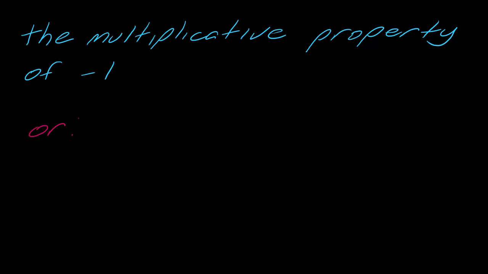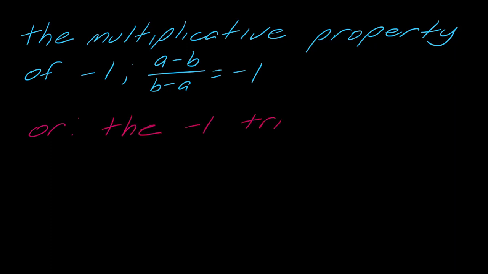I've seen other books just refer to the property itself. I've seen some books try to write this out, and I think that's kind of confusing too. So the personal name that I use for this, which is incredibly formal, is, I call this the -1 trick.